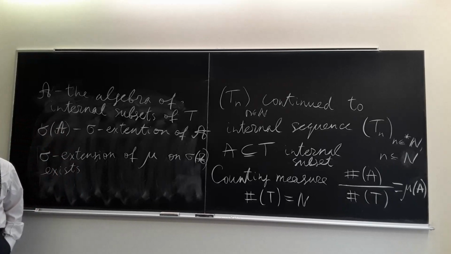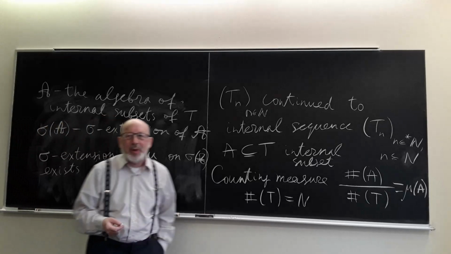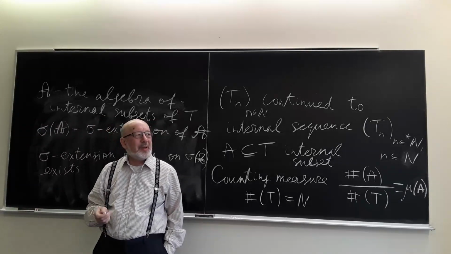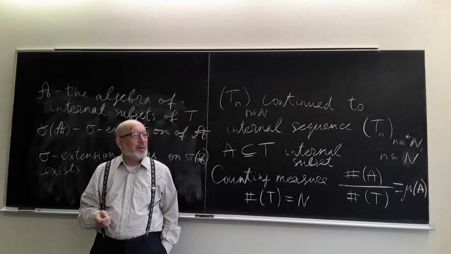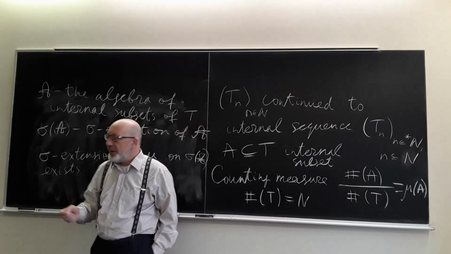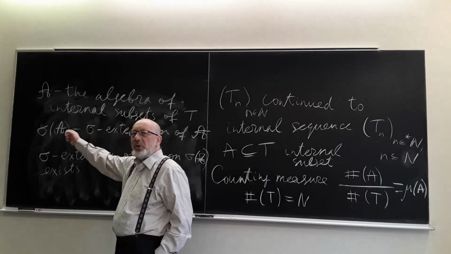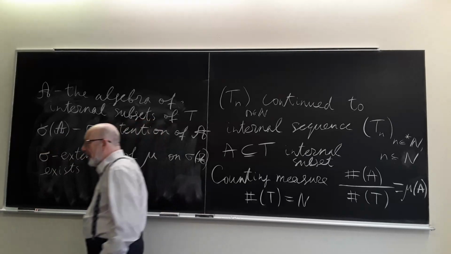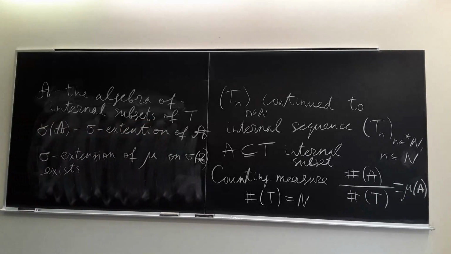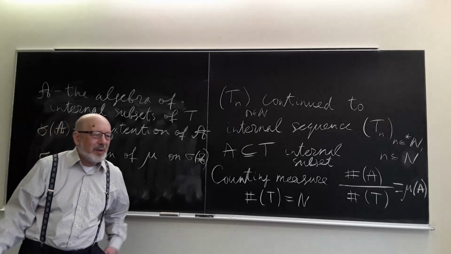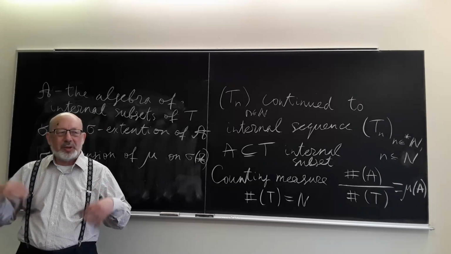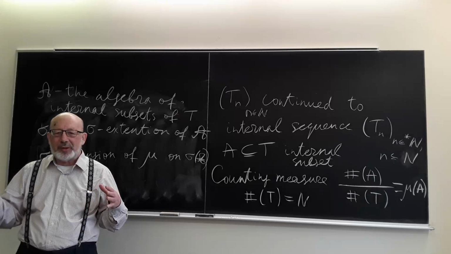Because we have a general Caratheodory theorem which says that it exists if and only if this measure is sigma additive on the elements of algebra A which are themselves unions of a countable set of elements of A. So it is the minimal condition so that sigma additivity holds at least within this initial algebra A. So it is at least self-consistent within this algebra.